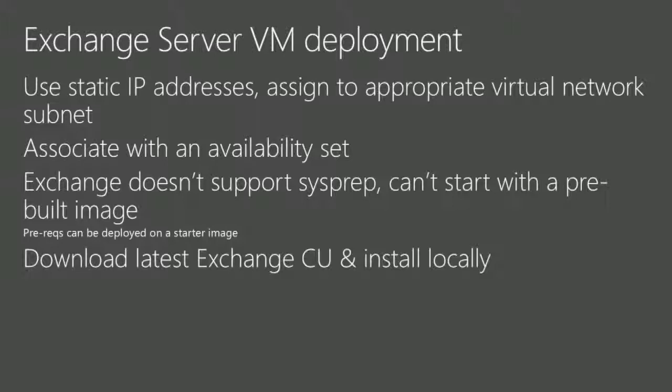This is really important for AD, and I have that on a slide in a moment, when we think about deploying DNS internally in order to get your AD connectivity up and running. But do this for Exchange as well, just a good best practice. Use Azure availability sets as well. This is a good high availability practice.